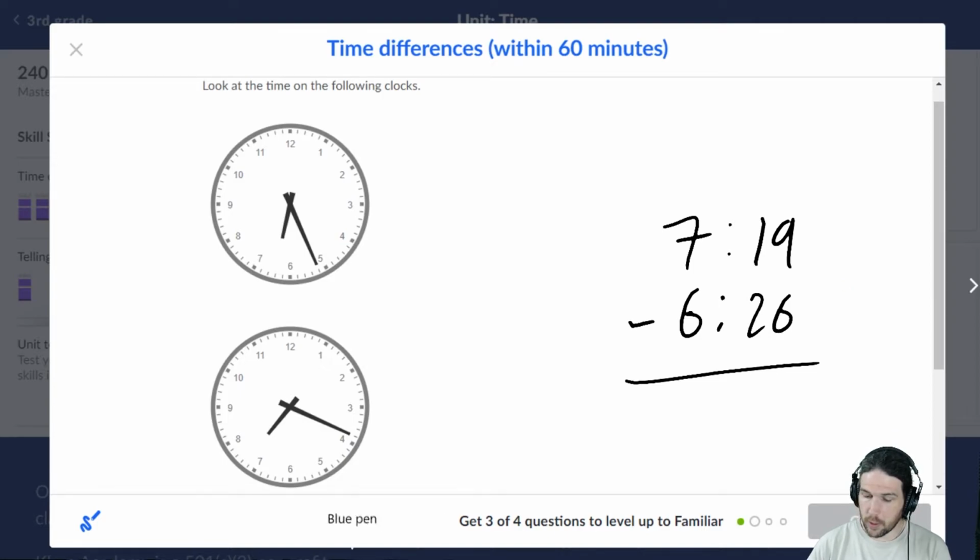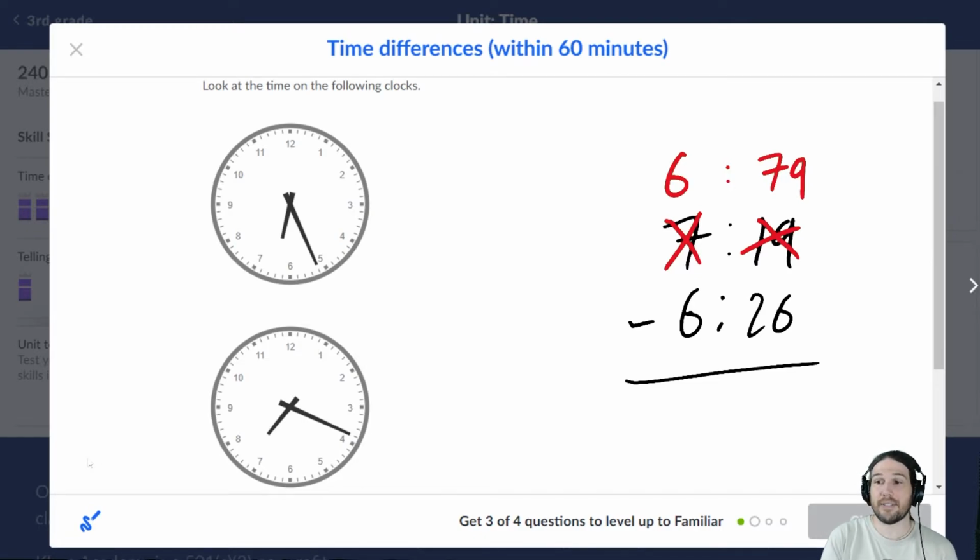Instead, we're going to cross out the 7 hours and replace it with 6, just like we normally do when borrowing. But because we're talking about minutes, we actually get 60 of them, right? Hours and minutes. So instead of 19, we have 79. 6 hours and 79 minutes is the same thing as 7 hours and 19 minutes.